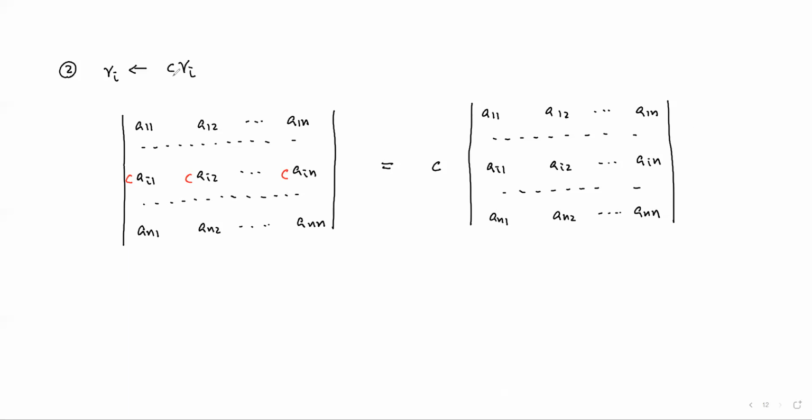This is the second elementary row operation, and the formula shows how it affects the value of a determinant.